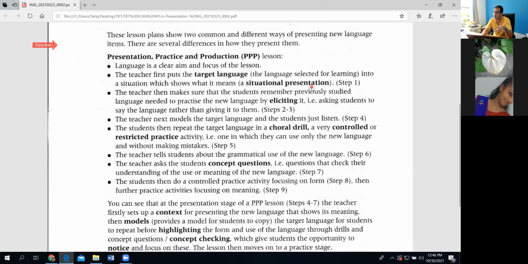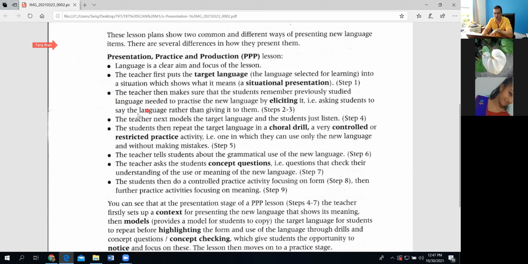Okay, these things you need to note down with us. What is situational presentation? And they have shown it to you in step 1. Next, the teacher makes sure that the students remember previously studied language needed to practice the new language by eliciting. What does it mean?